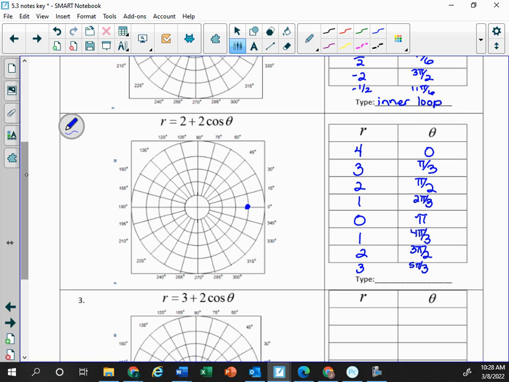So that's 3 and then 60 degrees. 2, pi over 2. 1, 2 pi over 3. 0, pi. 1, 4 pi over 3. 2, 3 pi over 2. 3, 5 pi over 3. All right, I'll give you a second, make sure you're caught up with this stuff.